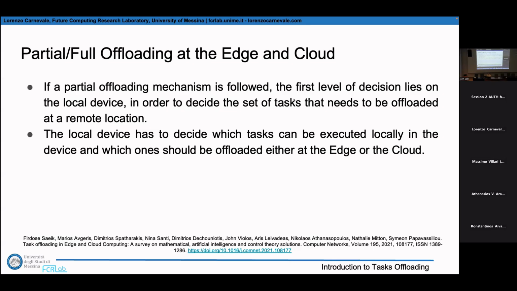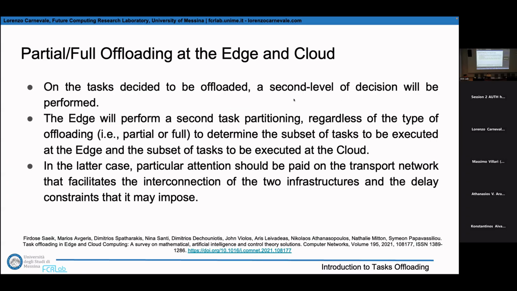So this is very complex for an end device, of course, because the end device should have a clear understanding of what happens outside of it, okay? So to understand if the edge or the cloud would be the right target for this device.